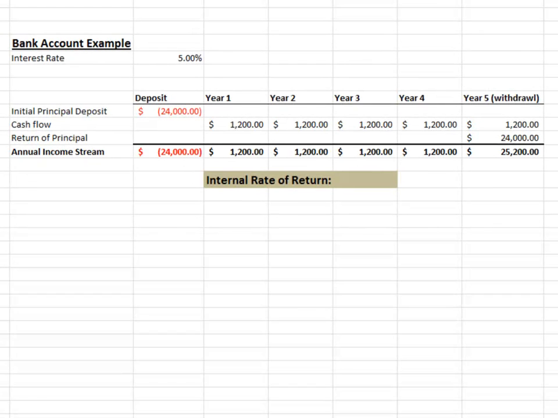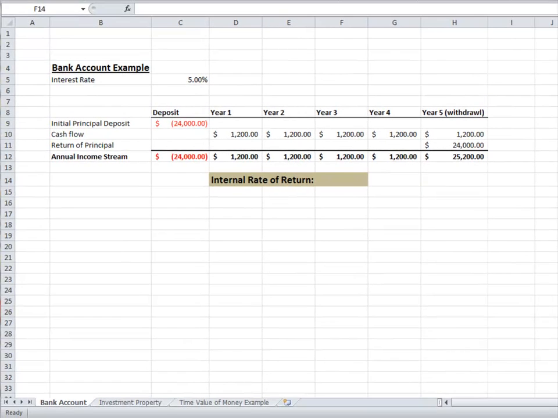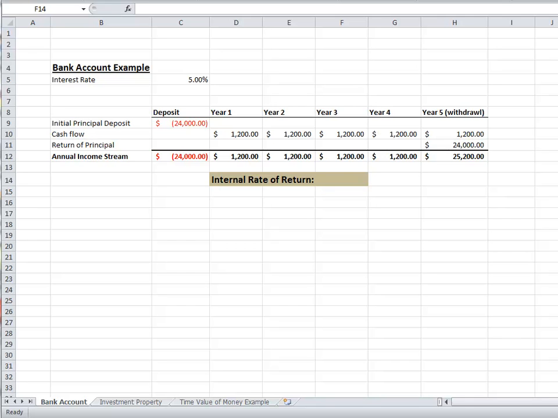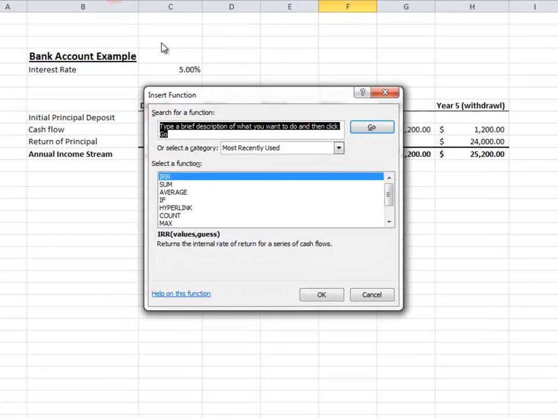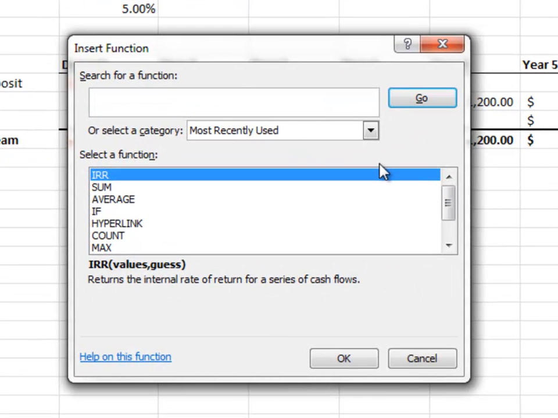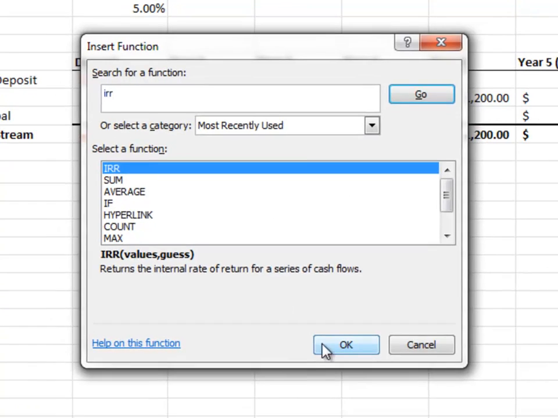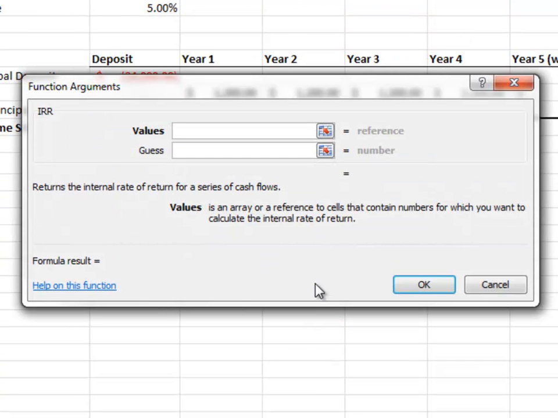Now that we've created the income stream for our bank account investment, we can calculate the internal rate of return for this income stream. Excel provides us with a function for exactly this calculation. We simply pick the cell in which we want to create the calculation. We then pick the function button, type IRR into the search box, and the internal rate of return function will be listed.